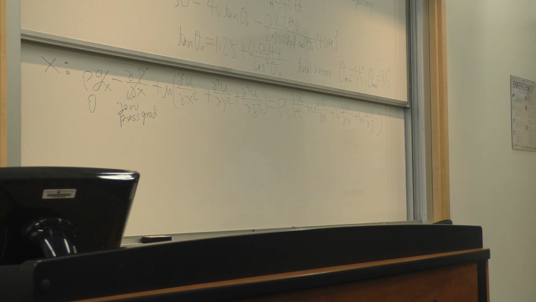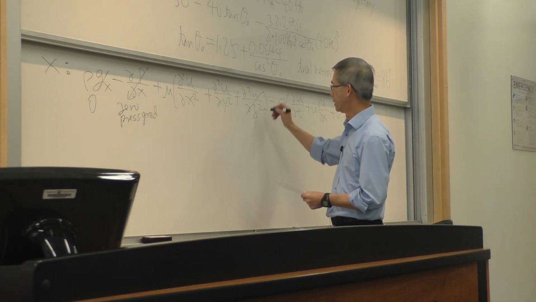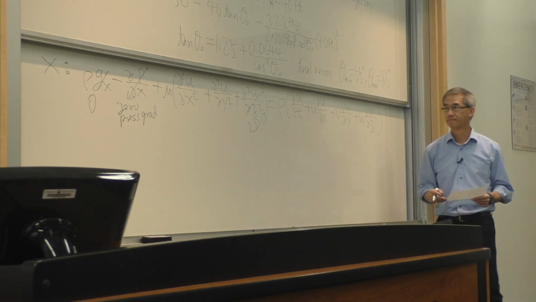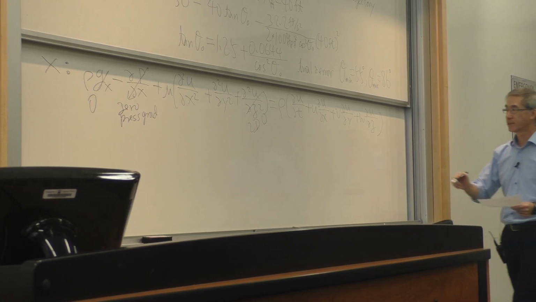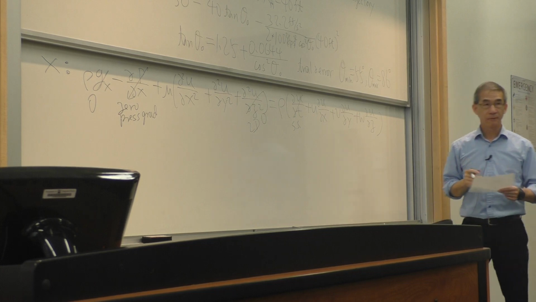What else can you simplify? You heard about z terms because it's 2D? Yeah, very good. Anything with respect to z, like here, is 0 because of 2D. All right? To the right, steady, 0. What else?